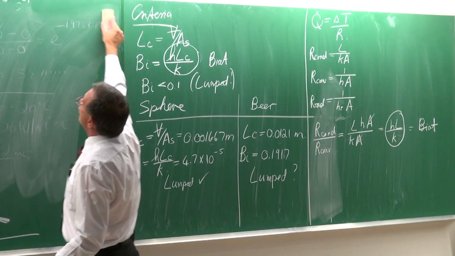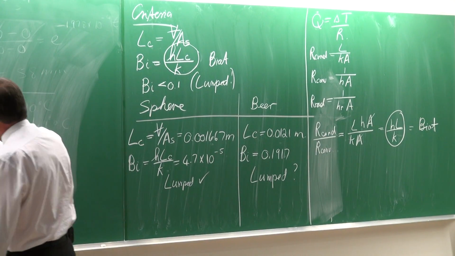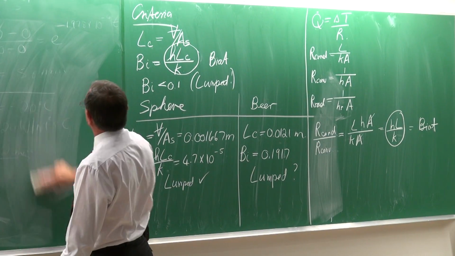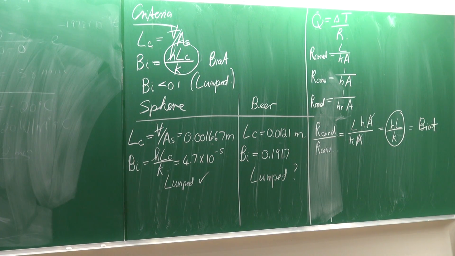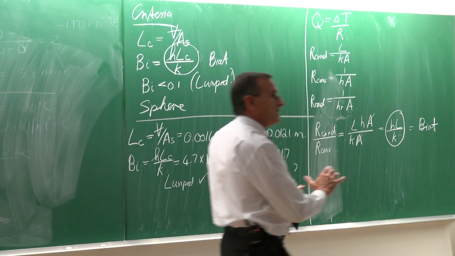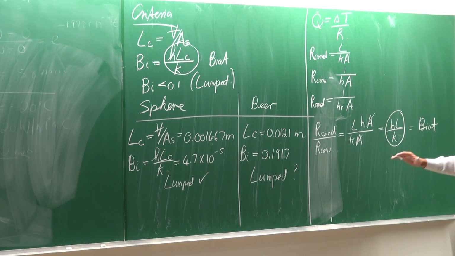Now again, why 0.1? What was the reason for that selection? It was an arbitrary selection, and that is where you as engineers will have to make your judgment one day.